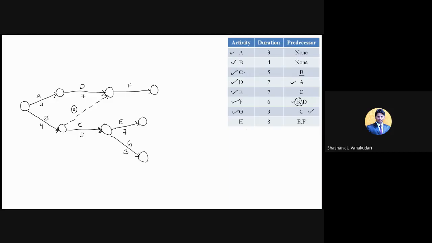And now the last one is activity H. For activity H, F and E are the predecessors. There are two predecessor activities. So I will draw the last activity like this. This is activity H. For this H activity, F is also a predecessor and E is also a predecessor.